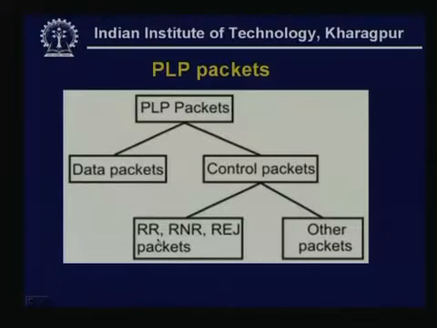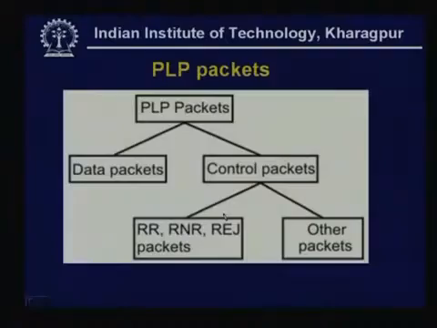This flow control can be done with the help of packets like RR, which stands for receive ready, RNR, which stands for receive not ready, and REJ, which stands for reject packets. So, with the help of these three types of packets, it is possible to perform flow control and error control, not congestion control. I am sorry, congestion control is not used in X.25.